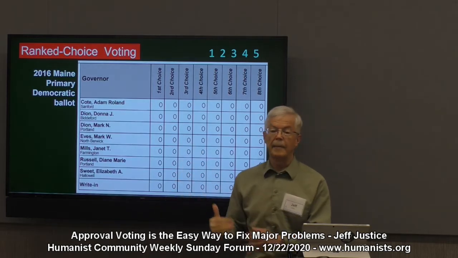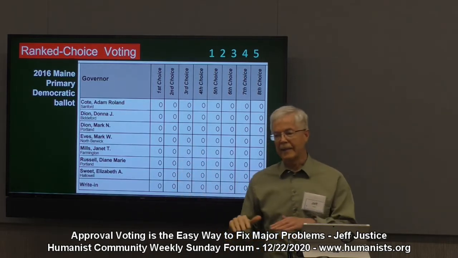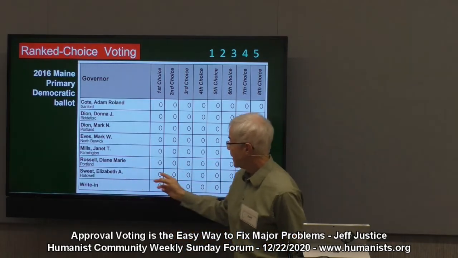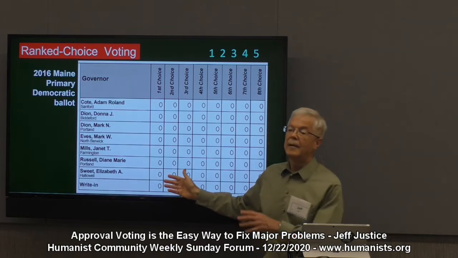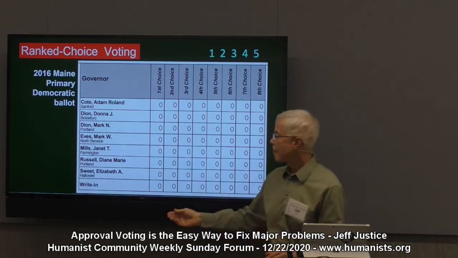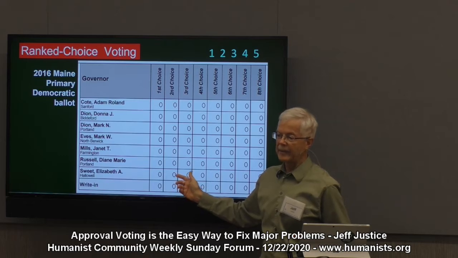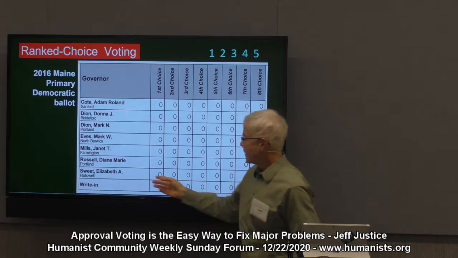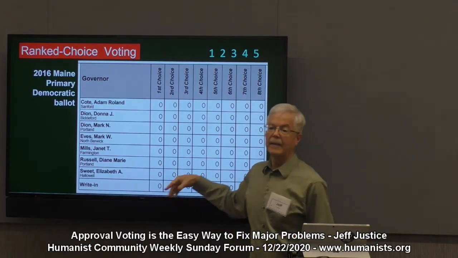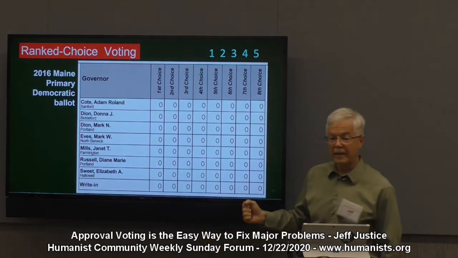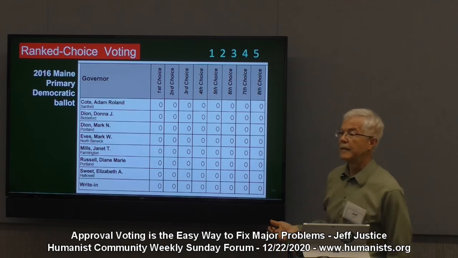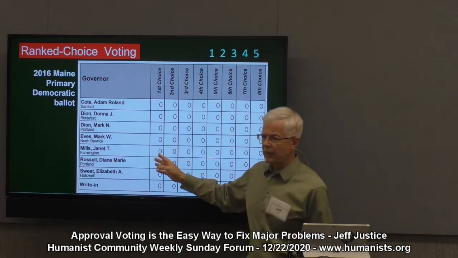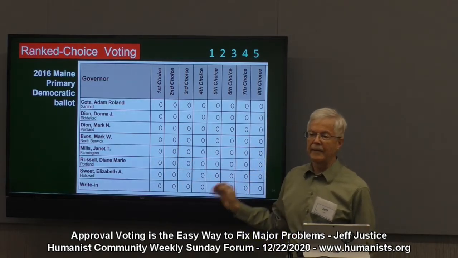Well, what it does is it eliminates the candidate that got the lowest number of votes. Say this candidate, if this one got the lowest number of votes, then it looks at those ballots and picks out their second choice. And then if you still don't have someone winning with 50%, then it eliminates the next lowest candidate. And you keep going until you have someone with 50% of the vote. And so for this election, that took 6 rounds before they got to a candidate with 50%.